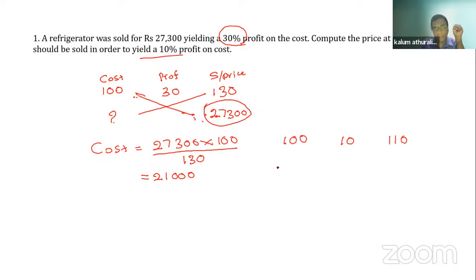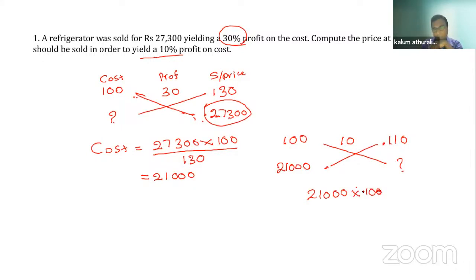Now we know the cost of the refrigerator is 21,000, and we want to find the selling price. You put the cross, connect these two values, and multiply these two: 21,000 into 110.